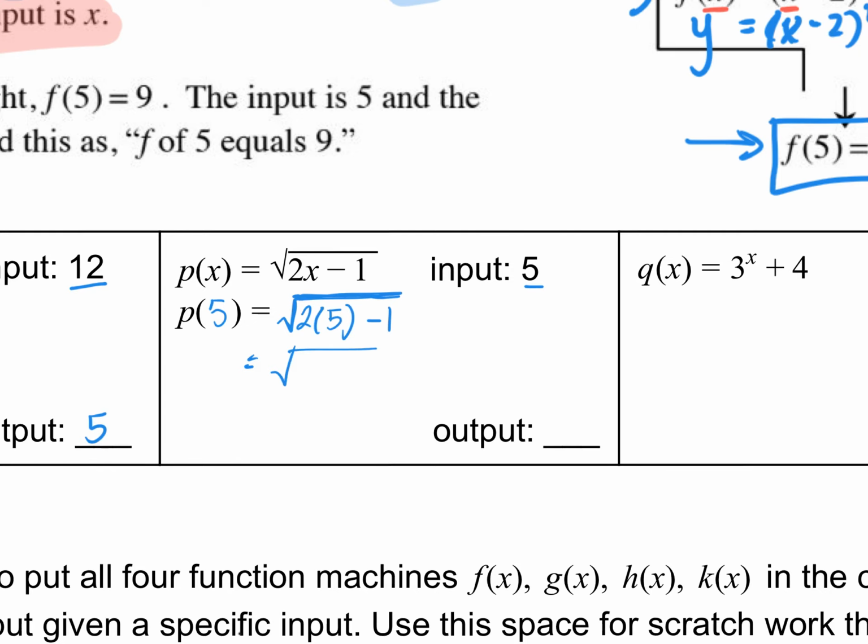So I'm going to work out this 2 times 5 first, that's 10 minus 1. I have square root of 9, and the square root of 9 is equal to 3. So in this case, our output is 3.